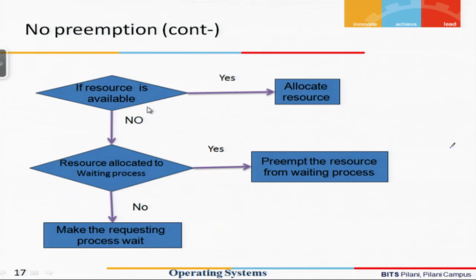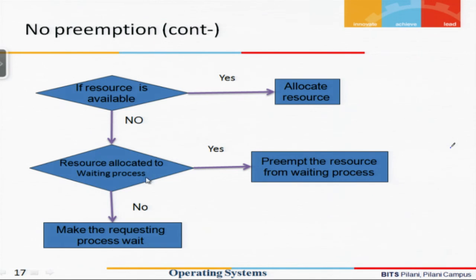If the resource is not available, then what are the possibilities? There is a possibility that the resource is allocated to a waiting process. If it is, then that resource should be preempted from the waiting process.